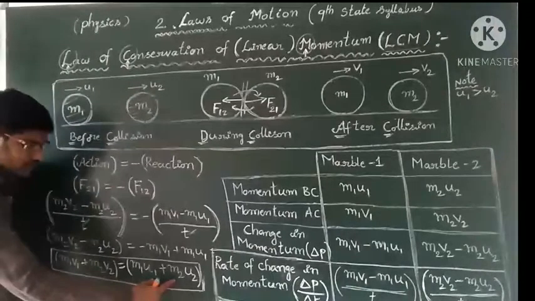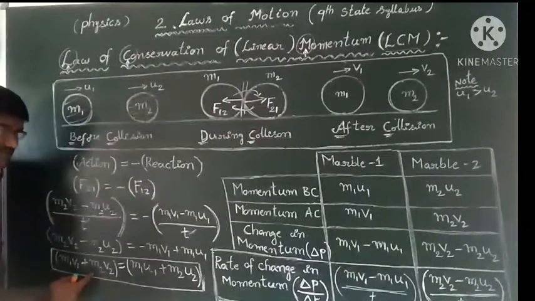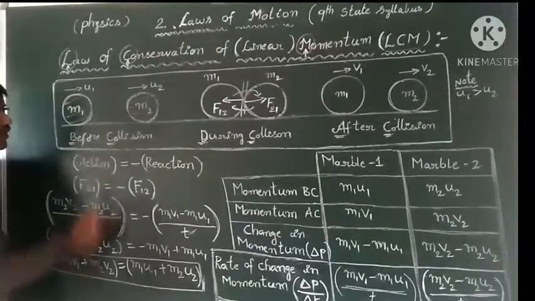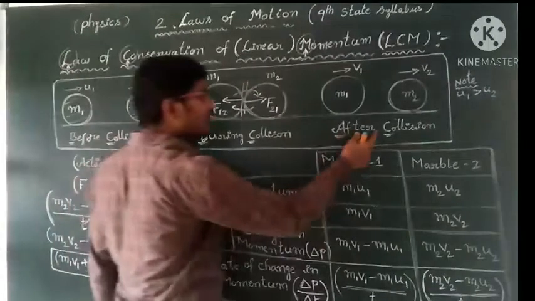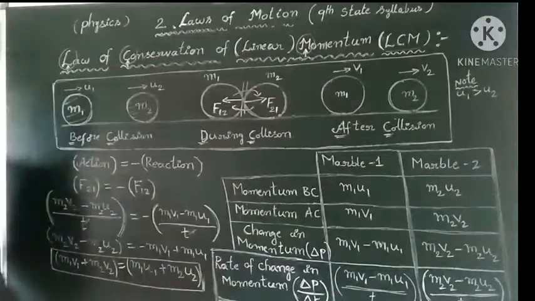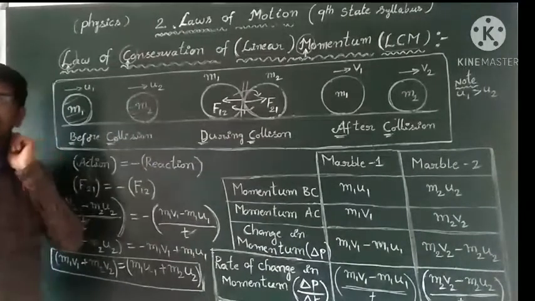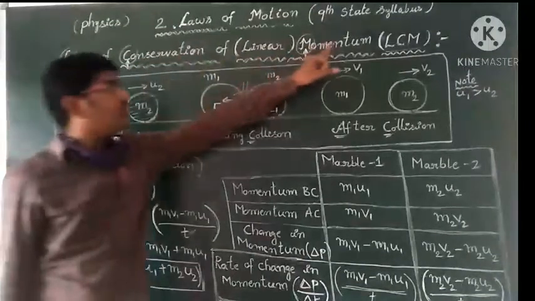So the sum of the momentums before the collision is the same as the sum of the momentums after the collision. So total momentum remains constant. If anything is constant, that is called conserved. So this is called conservation of momentum.